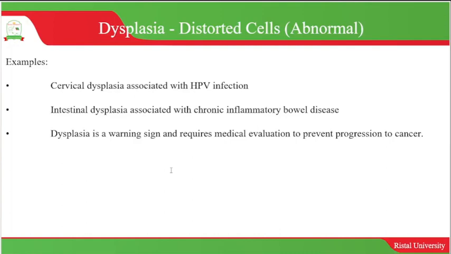So in summary, we have looked at cell injury being damage to the normal cells that compromises the structure and function of the cell. And we have seen that there are several causes of cell injury, and these causes could be chemical, physical, or biological, such as exposure to certain toxins or poisons that may alter the normal states of these cells.